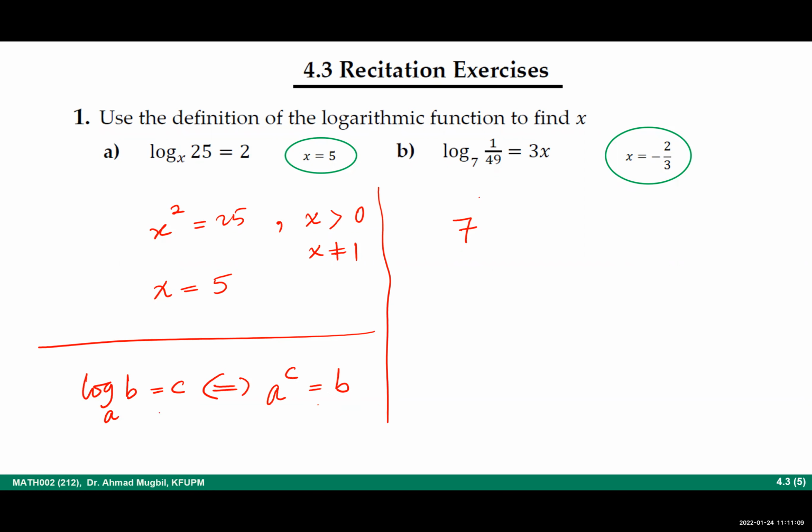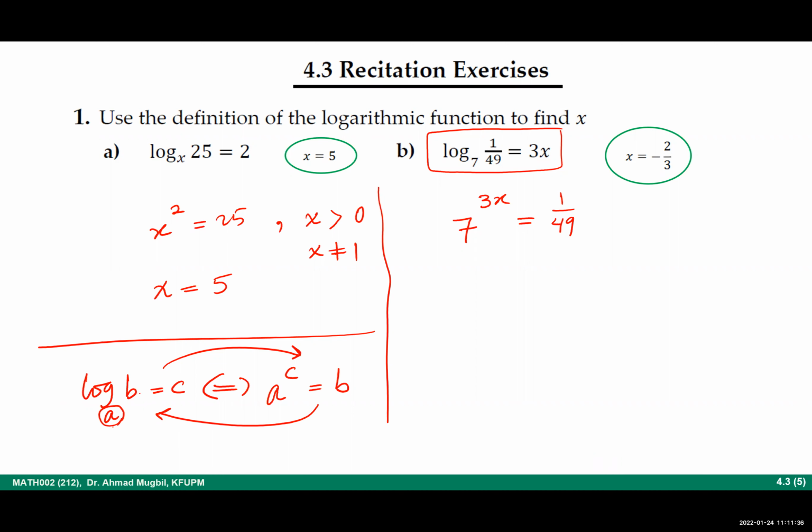So if you have this, you can write it this way. So how to write this in the exponential form? It will be what? 7 to the power 3x, you're right, 7 to the power 3x equals 1 over 49.